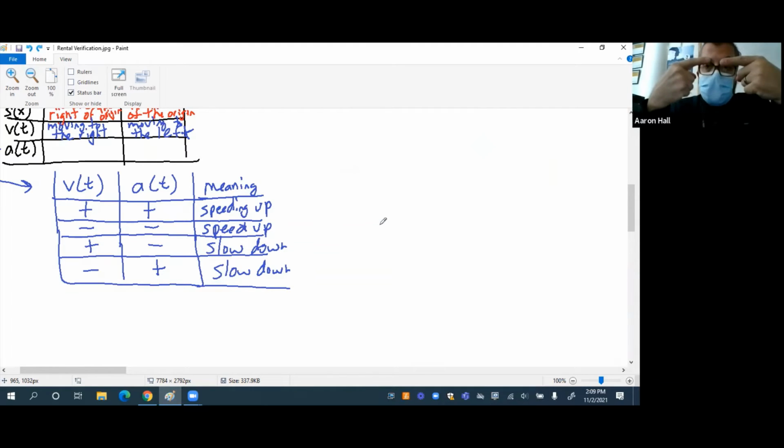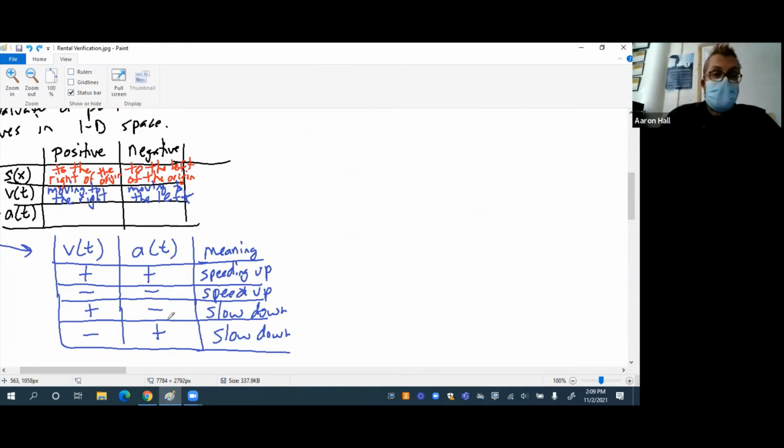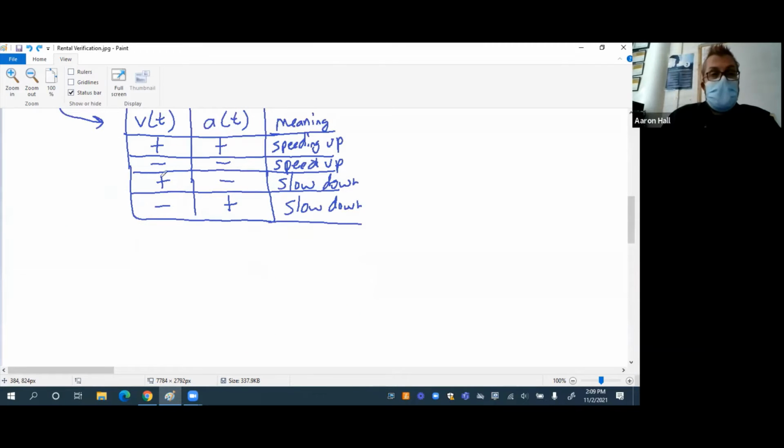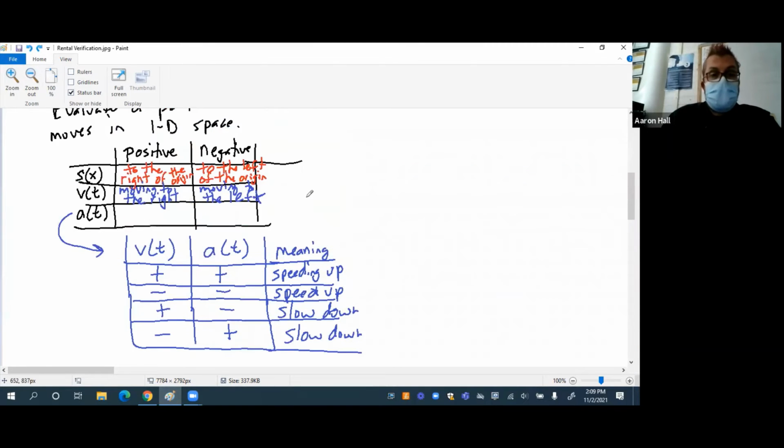If your velocity and acceleration are the same, you speed up. Yep, that's how we're going to have to remember it using a chart like that. Any questions so far? Okay, moving on then. Am I going too fast?